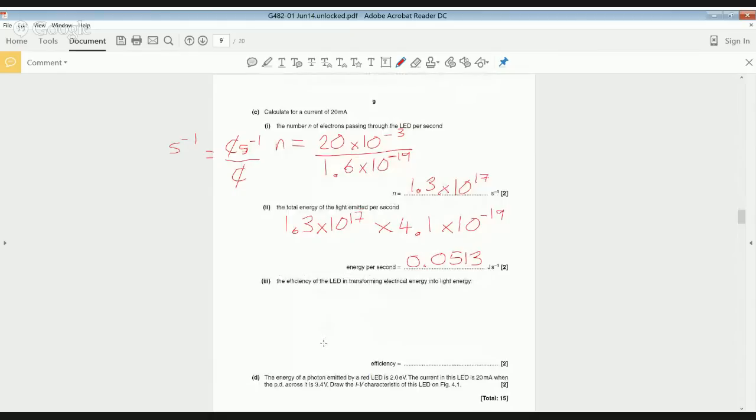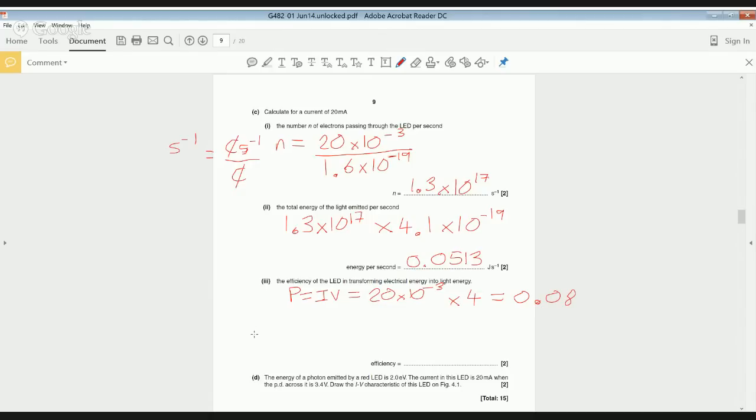So we can do P equals IV equals 20 times 10 to the minus 3 multiplied by 4. And that gives us 0.08 watts. And we're looking for the efficiency.